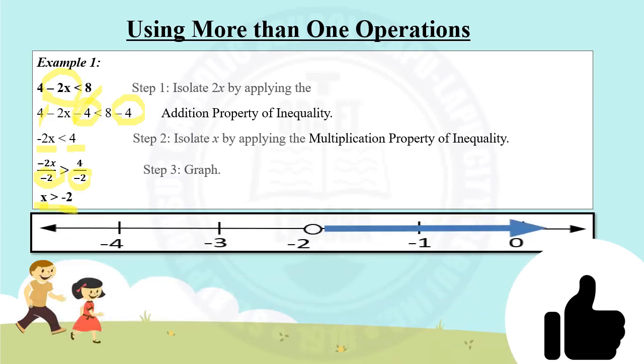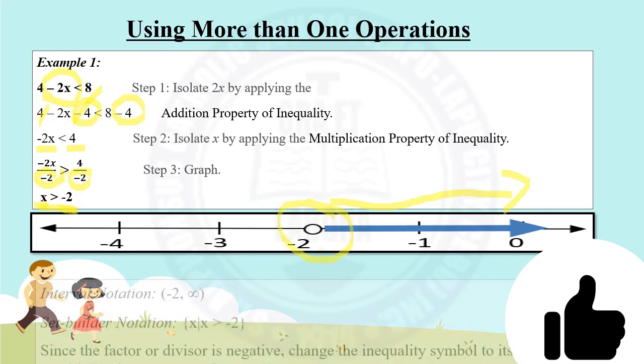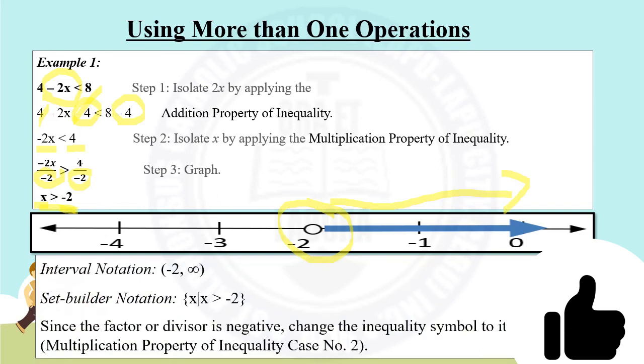Then we graph. x greater than negative 2, going to the right, with an open circle because it is greater than. Interval notation: open parenthesis, negative 2, positive infinity, close parenthesis. Set builder notation: x such that x is greater than negative 2.